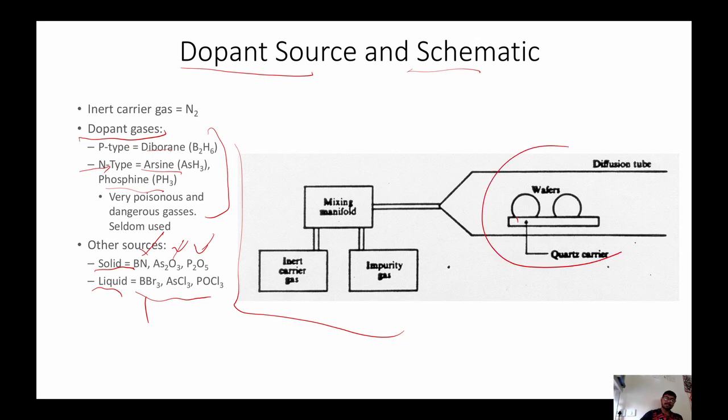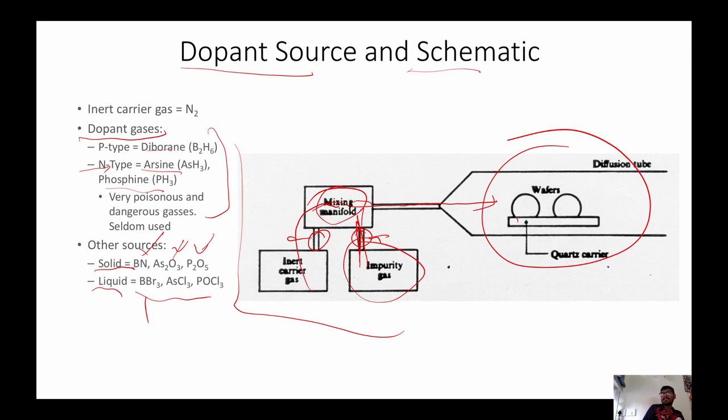So what do you need for this? You need a chamber and an impurity gas. We open the valve, and we mix these gases with the carrier gas. The carrier gas will take this impurity gas towards these wafers.